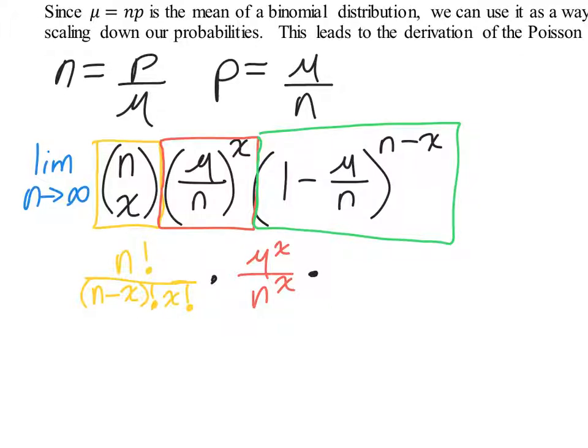I could break that up because whenever you have a sum or a difference in the exponent of an expression, it's really the result of an operation performed on the expressions. So was it keep the base, add the exponents, or in this case keep the base and subtract the exponents? If that's the case, then prior to this it must have been division. So 1 minus mu over n to the nth power, and 1 minus mu over n to the x power. That's keep the base, subtract the exponents, but in the reverse order.